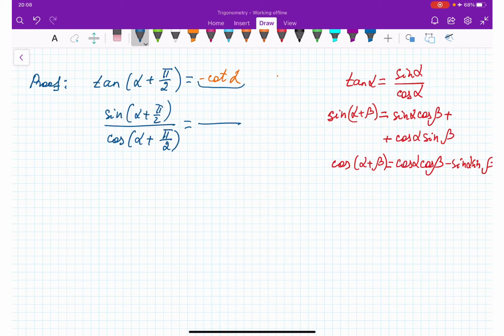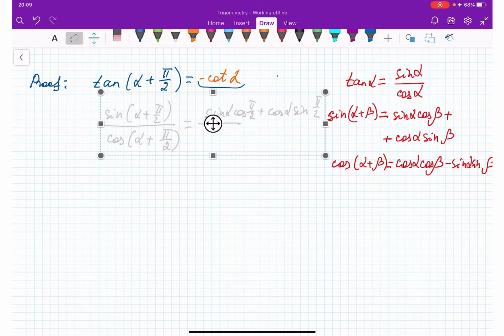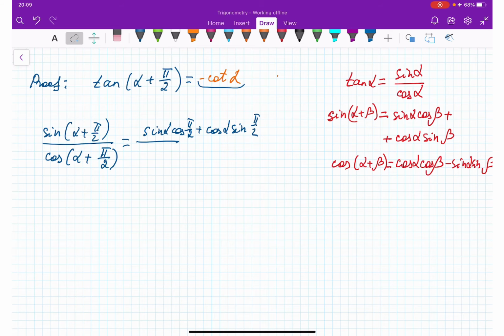So sine alpha plus half a pi is going to be sine alpha cosine half a pi plus cosine alpha sine half a pi, divided by cosine alpha cosine half a pi minus sine alpha sine half a pi.